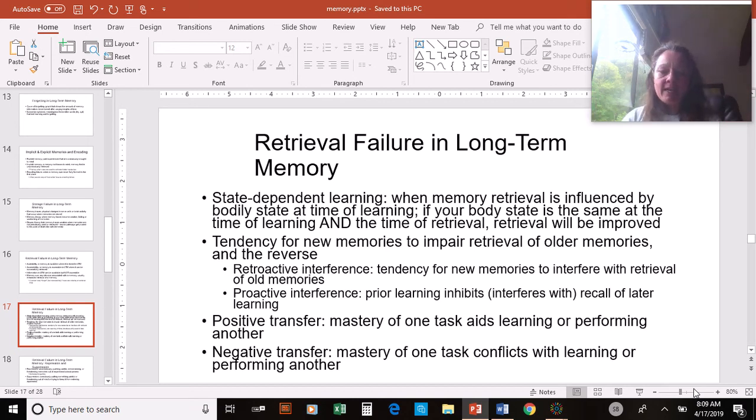Then we also have positive and negative transfer. Positive transfer is where you learn something and it actually helps you with something else that you know. Here's one in my personal life: I like to paint, just artistically doodle and paint. And I also paint people's houses, so walls and trim and stuff like that. They're different ways of painting, and you use different paint tools in many respects.